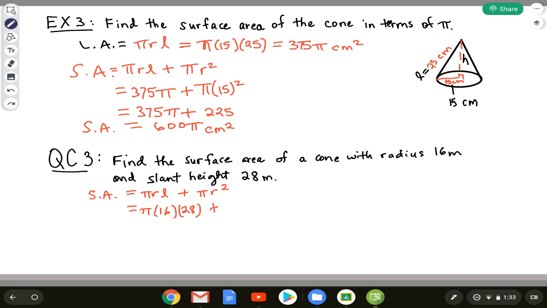And then plus the area of the base would be pi times the radius 16 squared. Alright, that's going to give me 448 pi plus 256 pi. So altogether, that will be 704 pi. And our units are meters, so that will be meters squared.